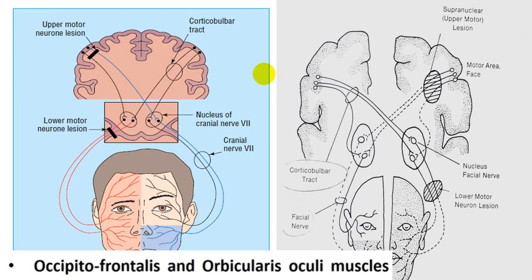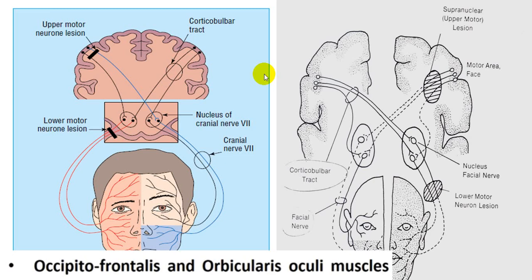The upper part of the nucleus will innervate two muscles, frontalis belli and orbicularis oculi. So these two muscles are controlled by both side pyramidal tract, so they are bilaterally innervated, while the lower half of the face nucleus is innervated by the opposite side pyramidal tract.